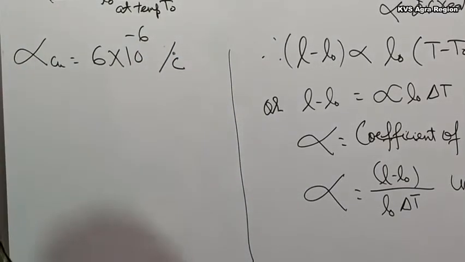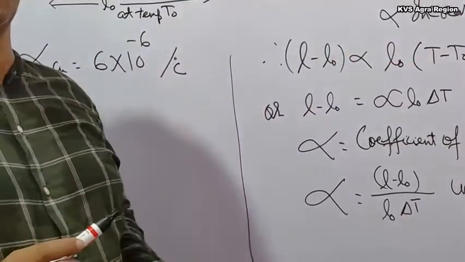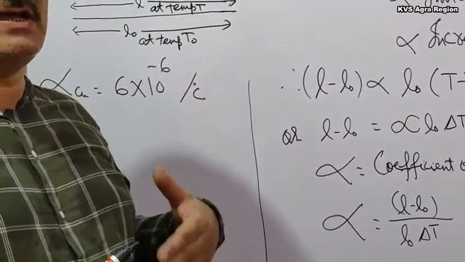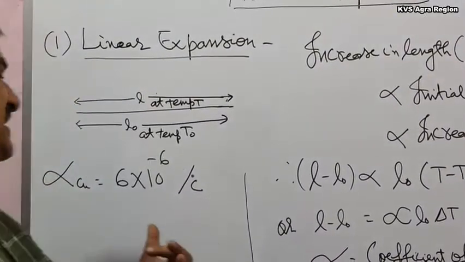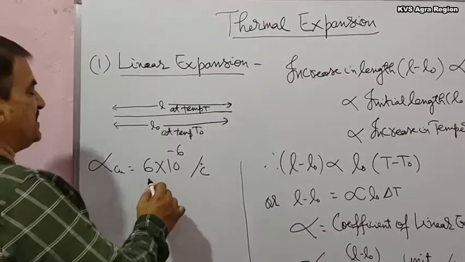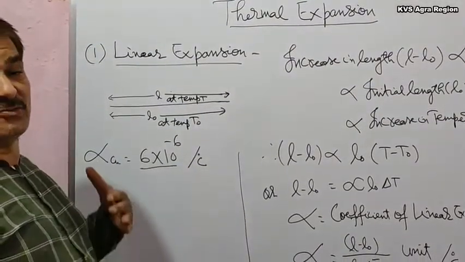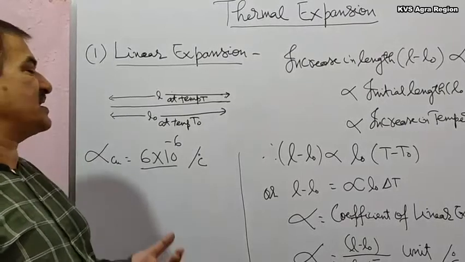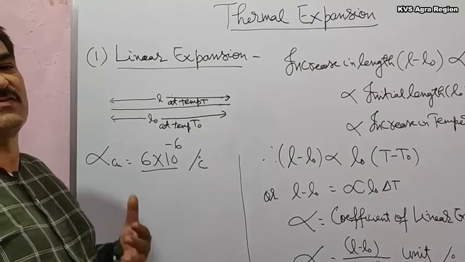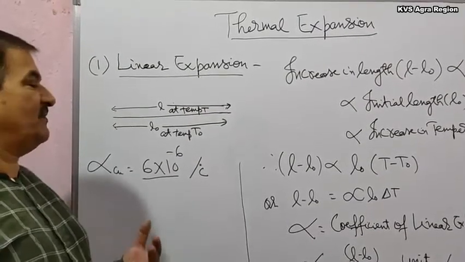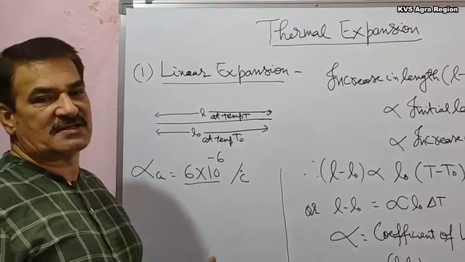It means if we take a rod of copper of length 1 meter and we increase its temperature by 1 degree Celsius, then its length will increase by 6 into 10 raised to power minus 6 meter.